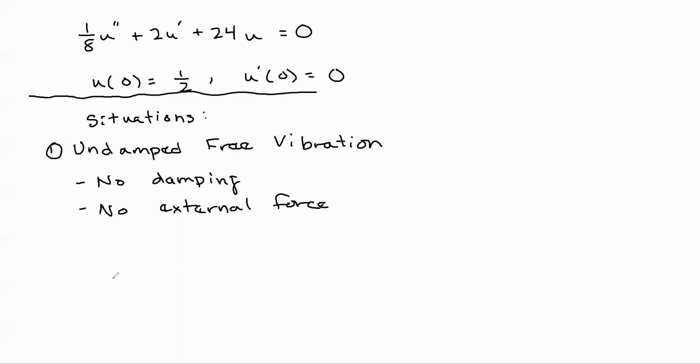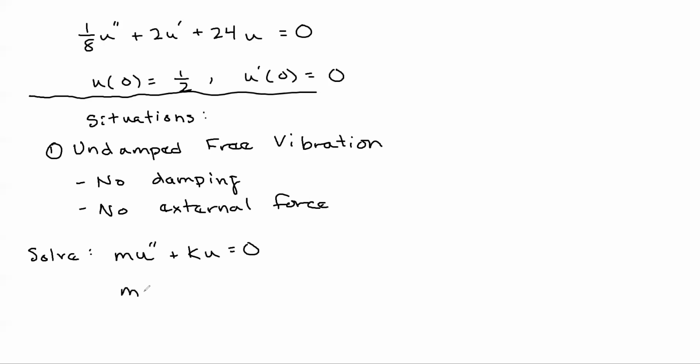If we take that into consideration, our problem simplifies into mu double prime plus ku equals 0. What we want to do is explore the solutions to this and see what effects they would have on the mass on a spring. We can do that by solving it.